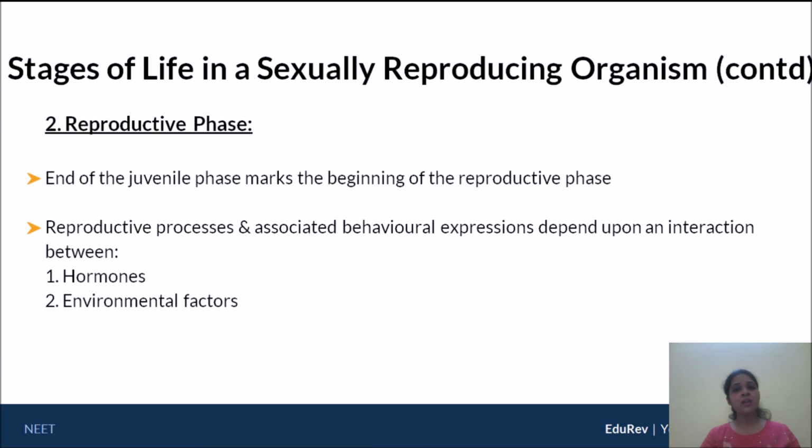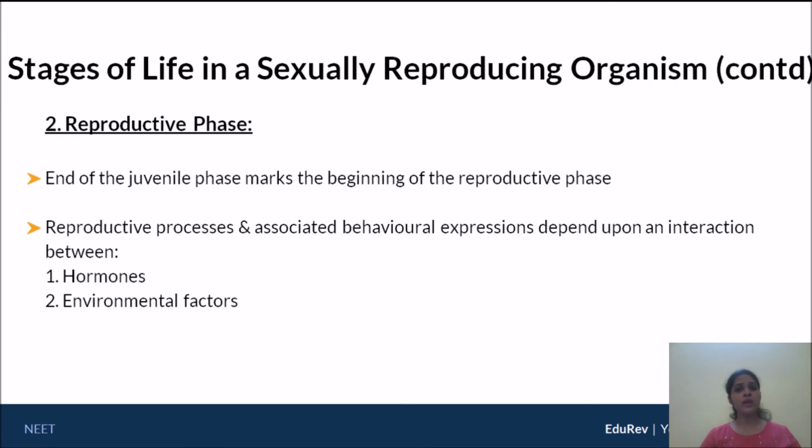But when we speak about other organisms, not really humans, apart from hormones, hormones also cause reproductive processes and certain behavioral expressions in them. But apart from hormones, the environment plays a very major role. For example, if you have seasonal breeders, certain types of rabbits and, let's say, reindeer, they are seasonal breeders.